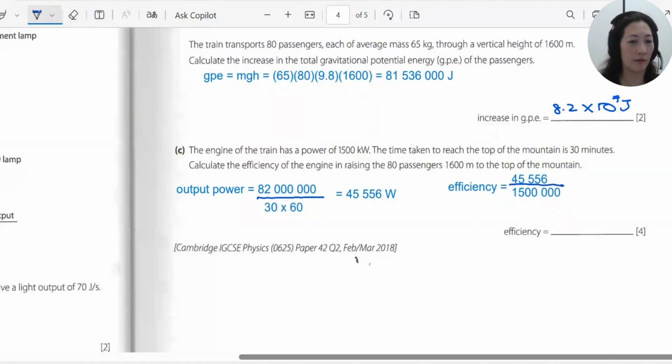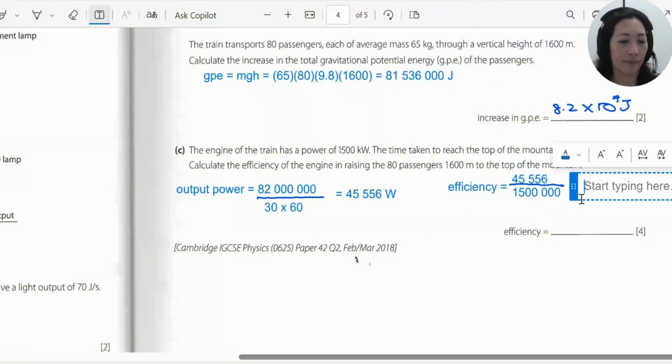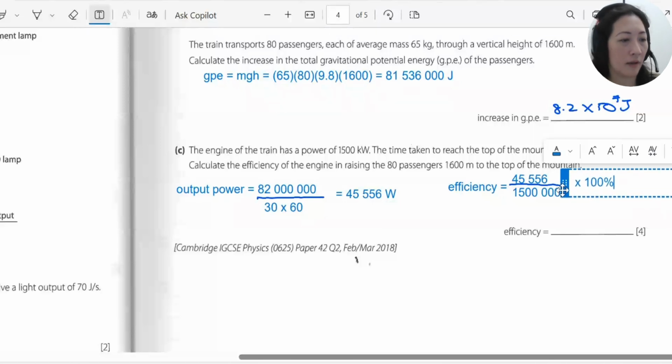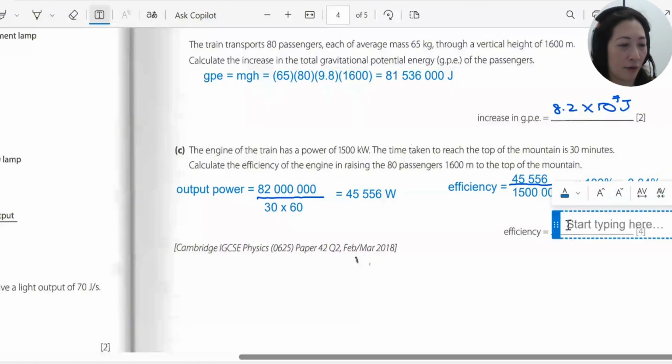Then this is multiplied with 100%, which would give us 3.037, so it's 3.04, which essentially is actually 3.0%.